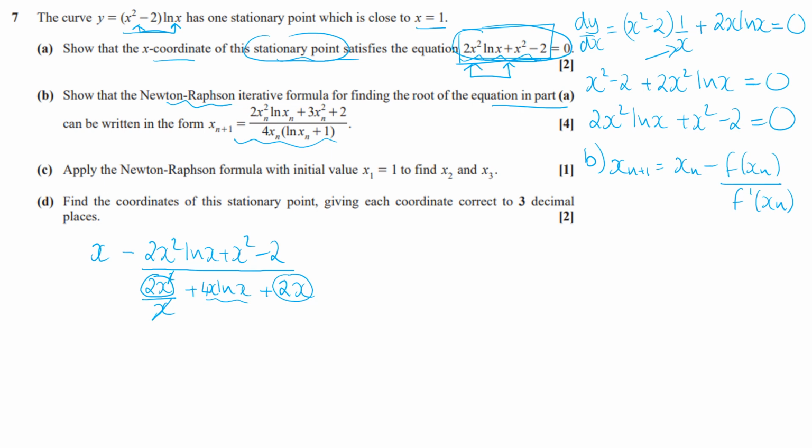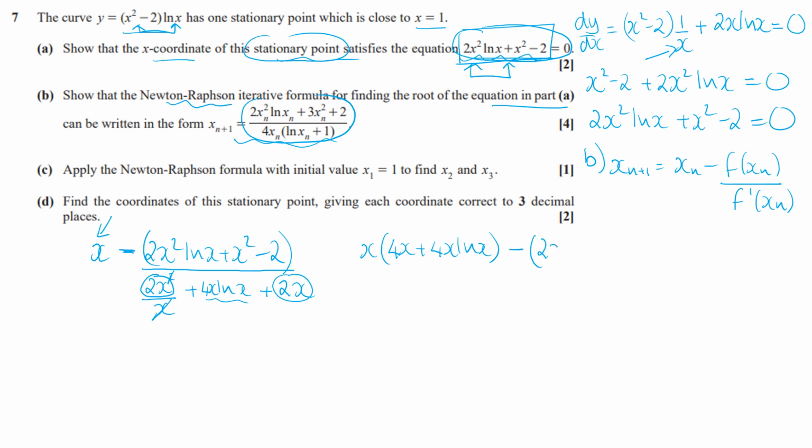Now it wants it as a single fraction, and at the moment it's two terms. So what we can do is give this the common denominator that we've got on the bottom. So we say x times the 4x plus 4x ln of x, minus, and then all of this will need some brackets around it because it's minus all of those terms, and there's three terms there.